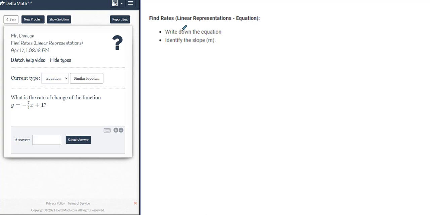So from Google Classroom, write down the equation. So I'm going to write y equals -7/4x plus 1. Identify the slope, and remember in this type of equation, the equation is y equals mx plus b. So whatever this value is right here in front of the x, that's our m.